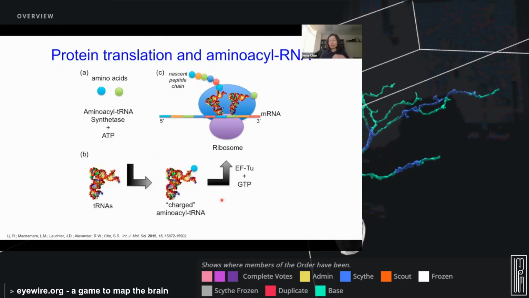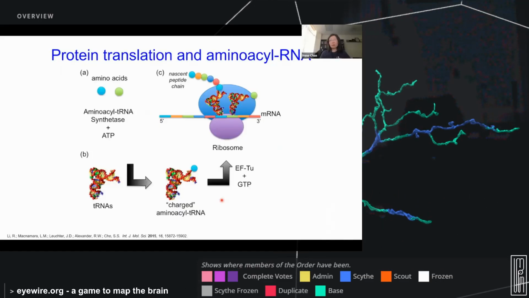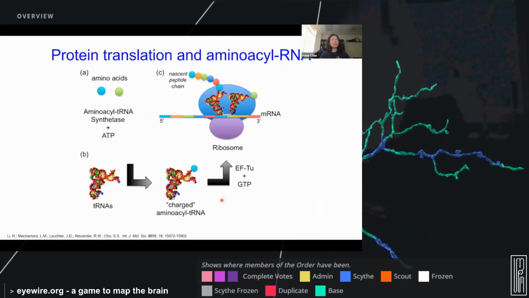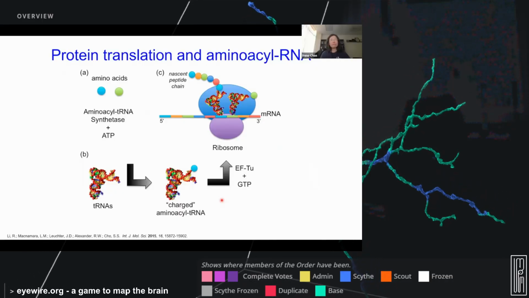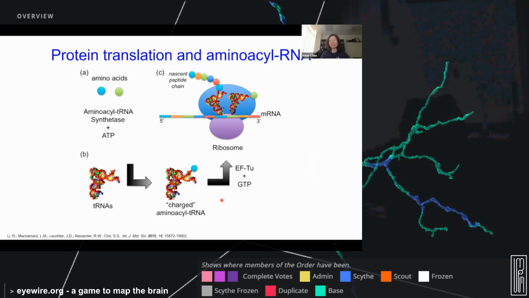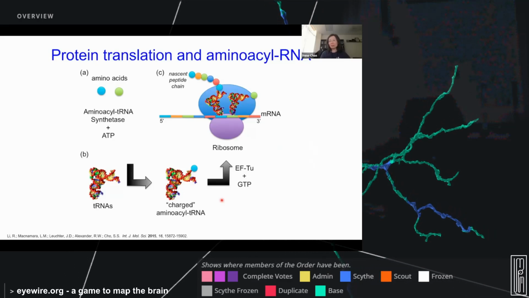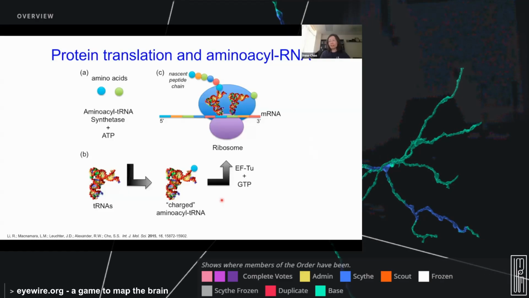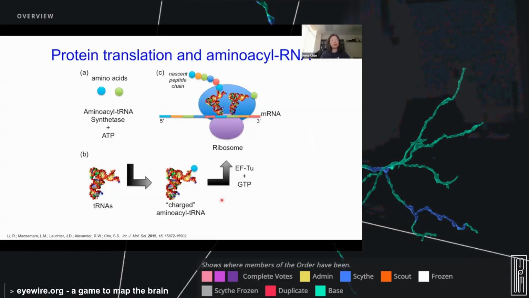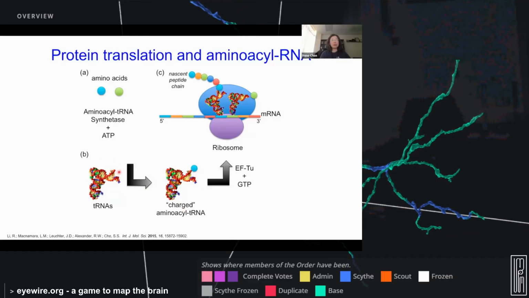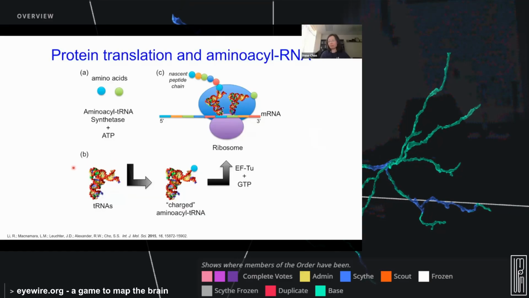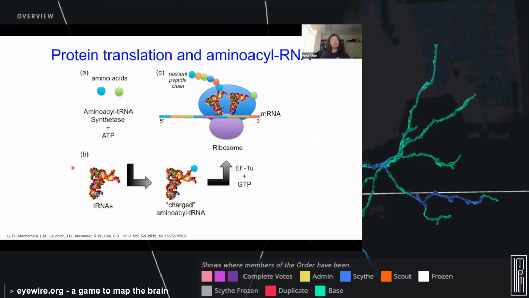The activity that we decided to look at was based on aminoacylation of RNA. As you know, protein translation has many pieces to it, but one of those pieces is preparing the charged tRNAs. Attaching an amino acid to an RNA is an important prerequisite for protein translation.